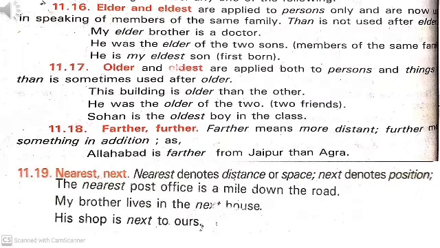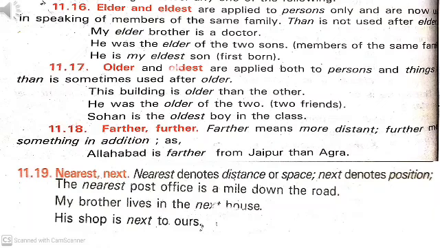Students, now let's see the use of a few adjectives. Elder and eldest, these adjectives are used for persons only and especially for the members of the same family. Older and oldest, these adjectives are used for persons as well as for things. Students, remember that after elder, than is not used, but after older we can use than.